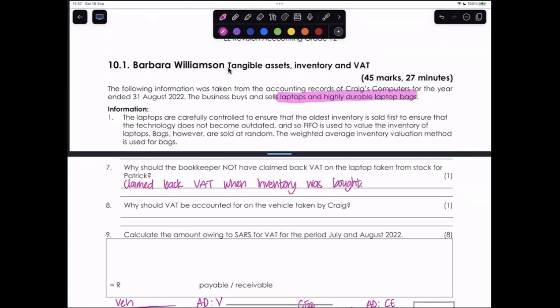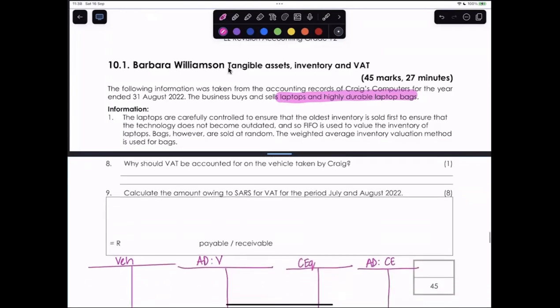Why should VAT be accounted for on the vehicle taken by Craig? Also, you can come back to this later if you wanted to, but as soon as you realize that anything is going out of the business and the business is VAT registered, you need to charge VAT.